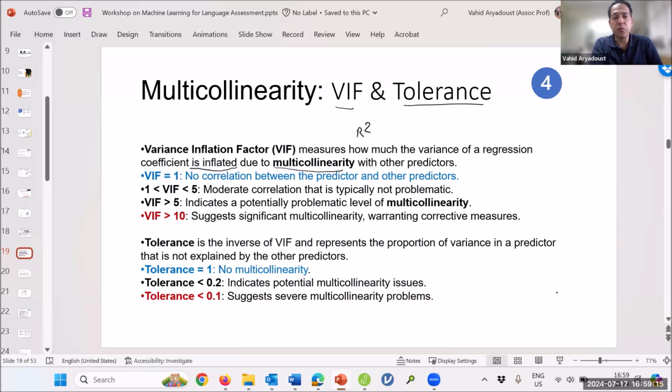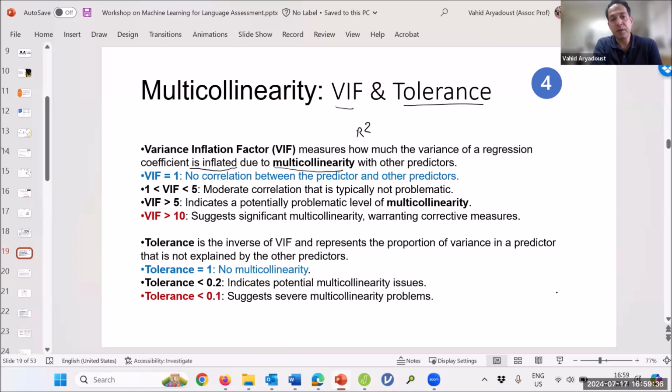Okay, so we hope that the VIF index is 1 or close to 1, because that would indicate that there is no significant correlation between the predictors, or a specific predictor and other predictors.